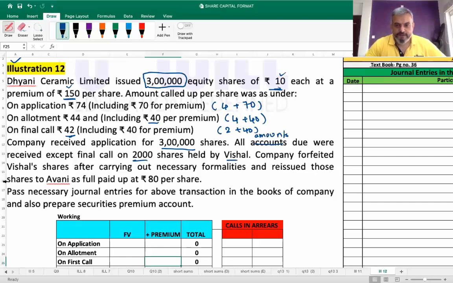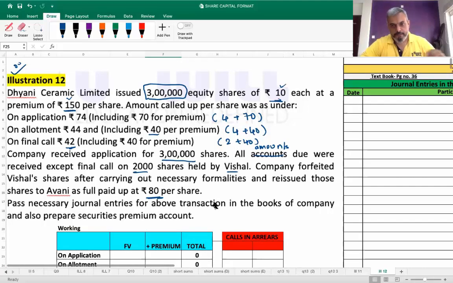Company forfeited Vishal's shares after carrying out necessary formality and reissued those to Avani as fully paid up at 80 per share. Pass necessary journal entries for the above transaction in the books of the company and also prepare securities premium account. So securities premium account, you will do it as a homework and a corresponding exercise sum. It's already there in the video lecture.